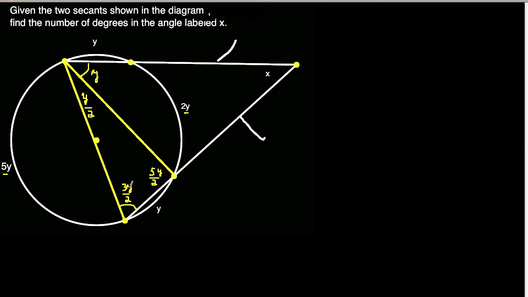We have this angle plus this angle plus this angle, three angles within that yellow triangle, and we know that three angles in a triangle have to add up to 180 degrees. So we have y over 2 plus 3y over 2 plus 5y over 2 is equal to 180 degrees.